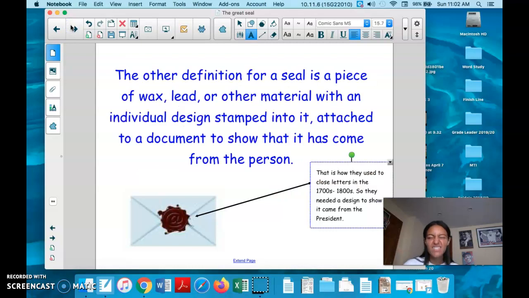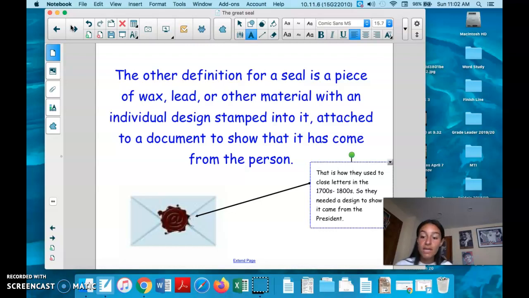Another definition for a seal is a piece of wax or lead or other material with an individual design stamped into it. It's attached to a document that showed that it had come from the person. So back in the 1700s and the 1800s, when the United States was first coming around, we needed the Great Seal to stamp on documents to show that this is real and it really came from America and it came from the president.